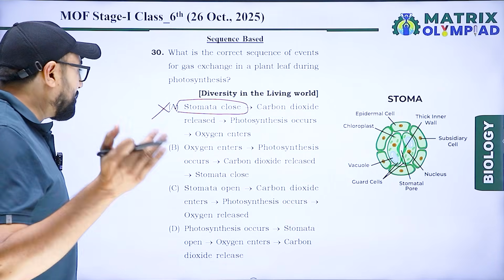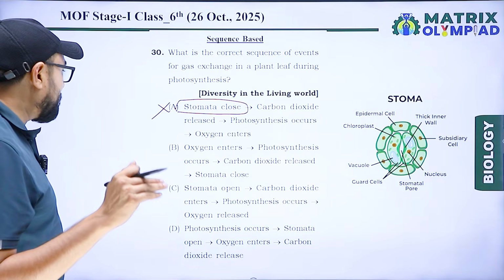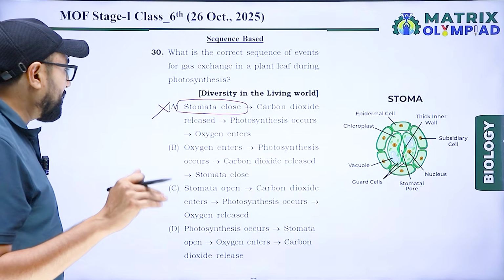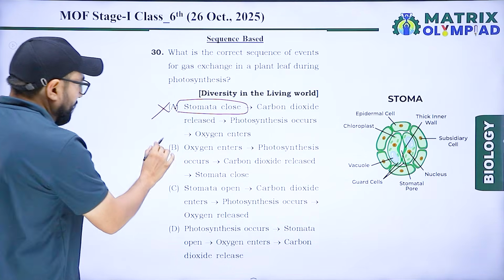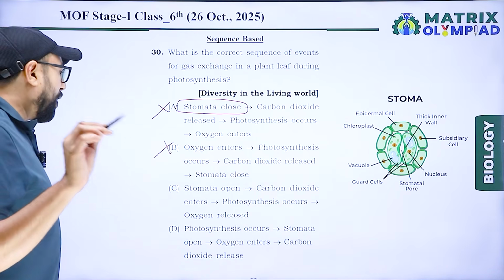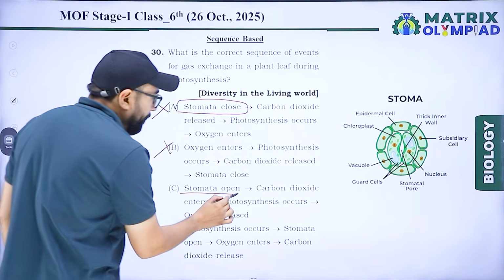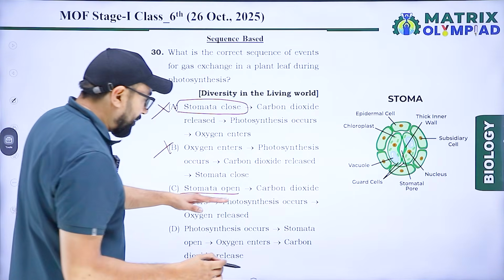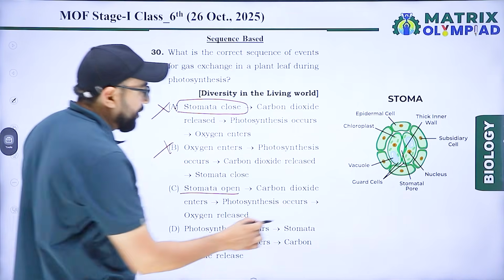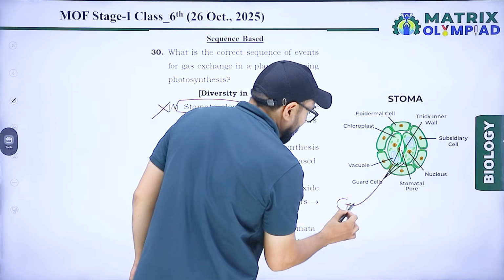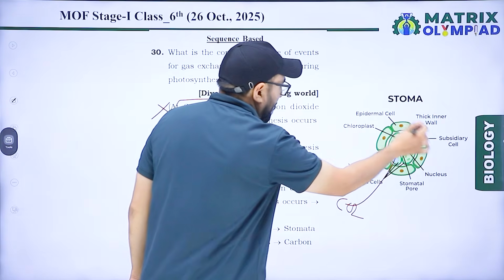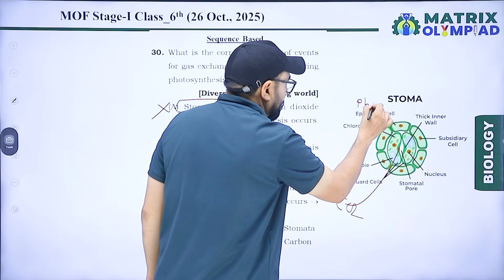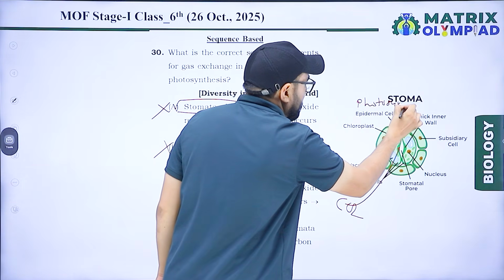Next, oxygen enter, photosynthesis occur, carbon dioxide release, and stomata close. That is wrong. Stomata open, and carbon dioxide CO2 enter, photosynthesis occurs in the cell.